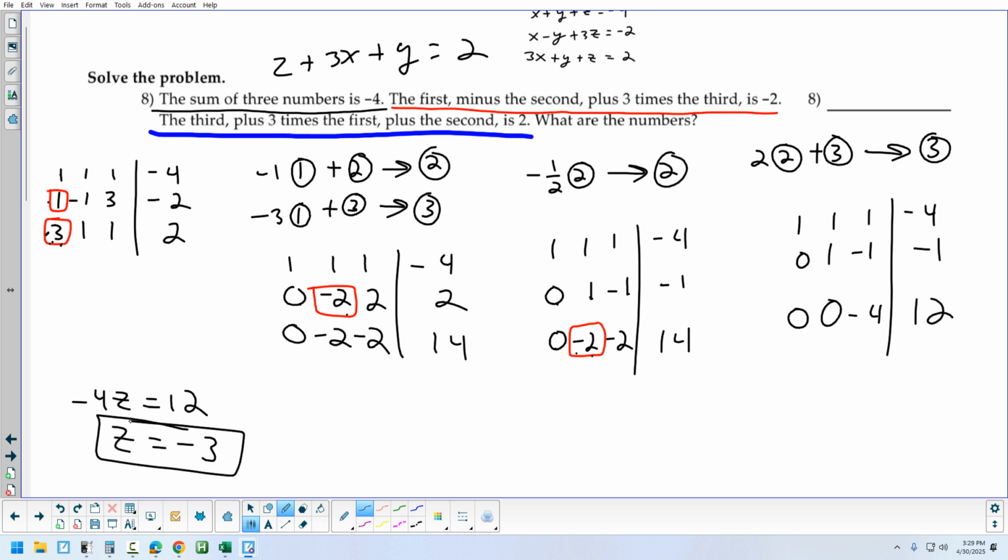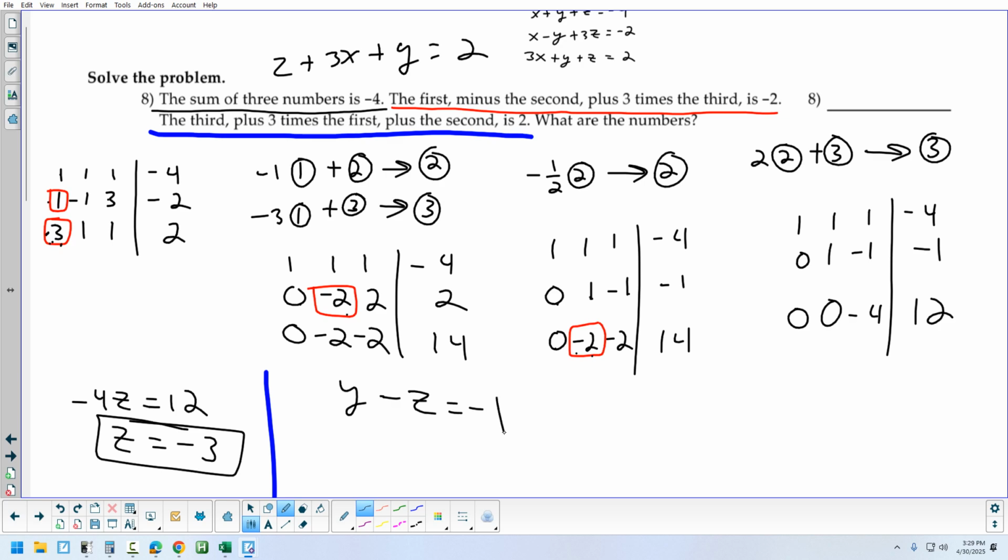Okay, so now we got z. We're going to work our way back, and now we're going to get y. What does the middle row tell me? That y minus z equals negative 1.